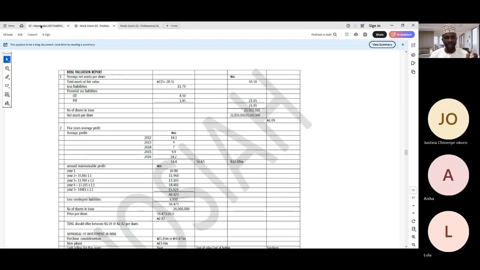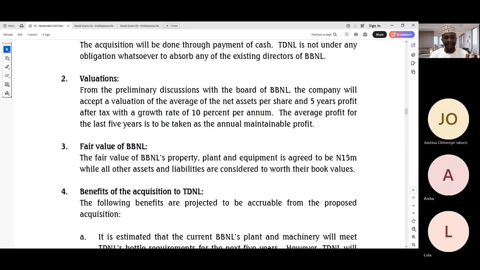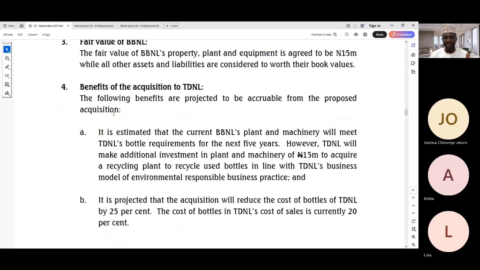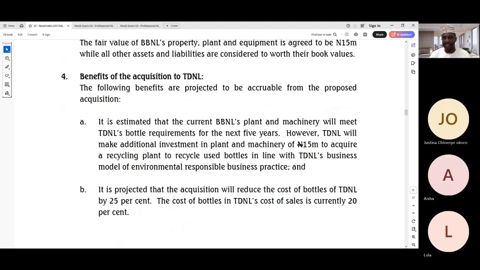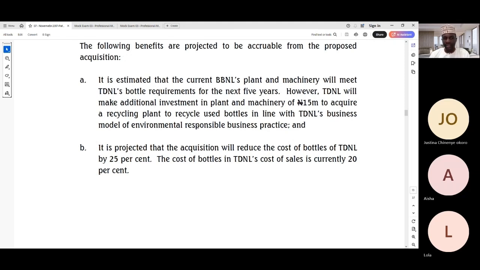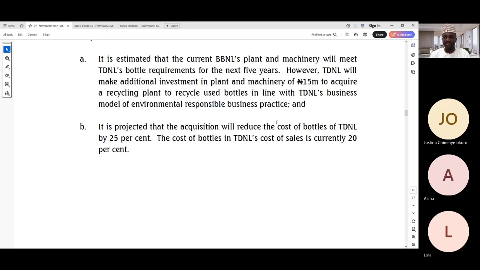So if you look at the question, that's the valuation. You can see the valuations here. We've calculated the fair value of BBNL based on 15 million, while other assets and liabilities are at their book values. And for the benefits of the acquisition, they said it is estimated that BBNL for the next 5 years will have an additional investment of 15 million in PPE and a recycle plant to recycle used bottles in line with TDNL's business model for environmental responsible business practice.